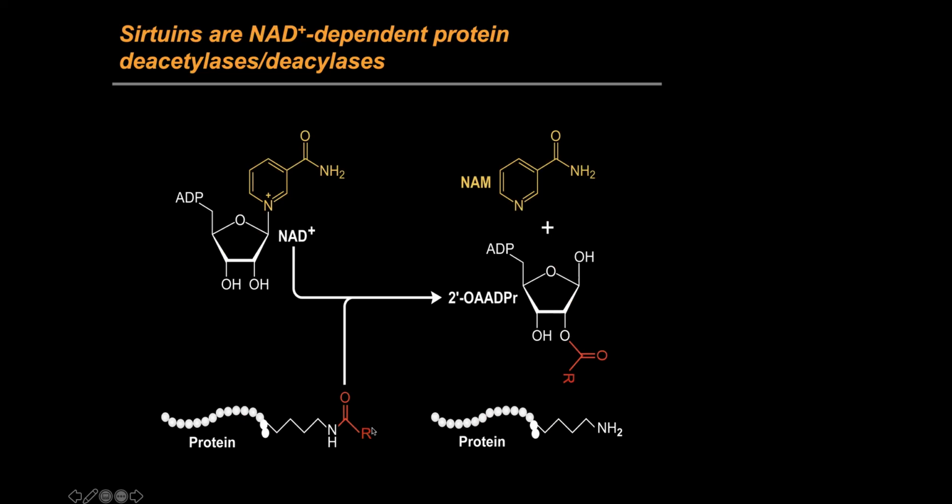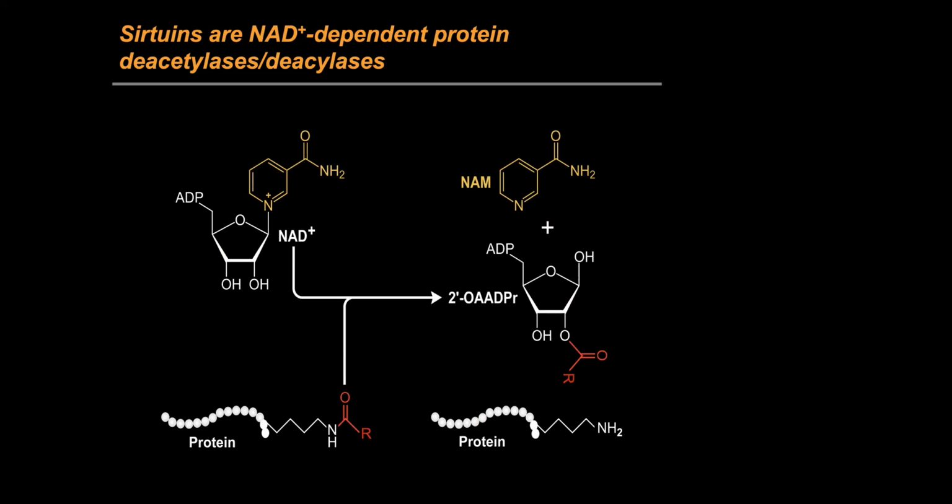Recent studies have shown that many other acyl groups with different lengths and different features of the side chain can also modify the lysine residues on the protein through a similar mechanism. And the sirtuin family members are able to remove these different types of acyl modification with different specificity, but in an NAD-dependent manner.